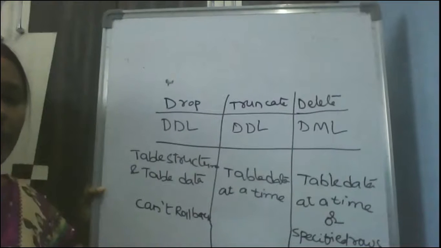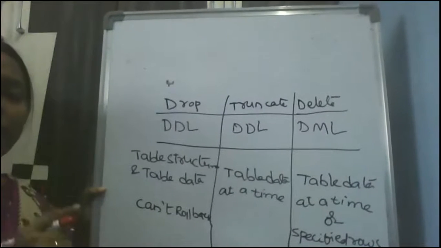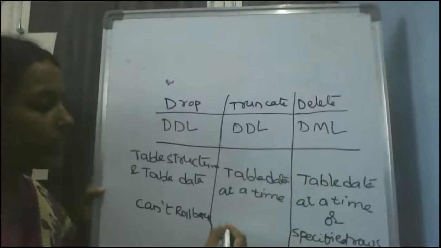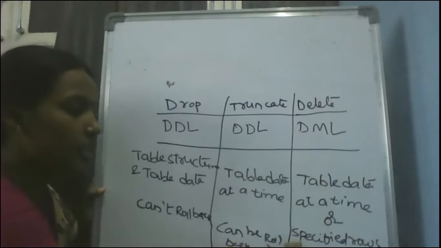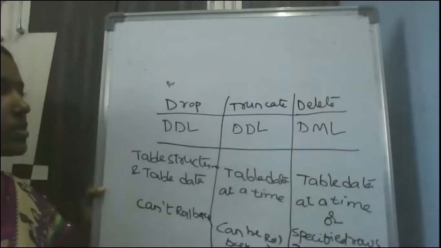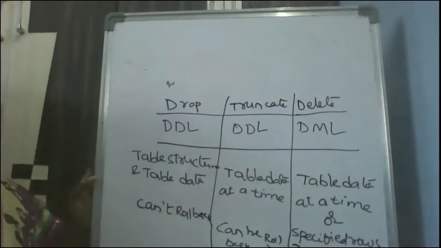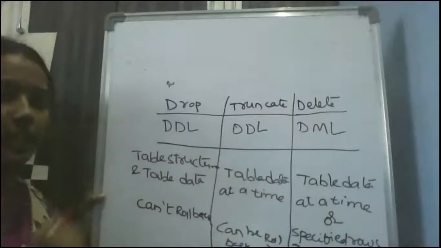Once you drop a table, that means it will be completely, permanently deleted from your database. Whereas delete and truncate can be rolled back. Drop cannot be rolled back. So these are the major differences between drop, truncate, and delete.